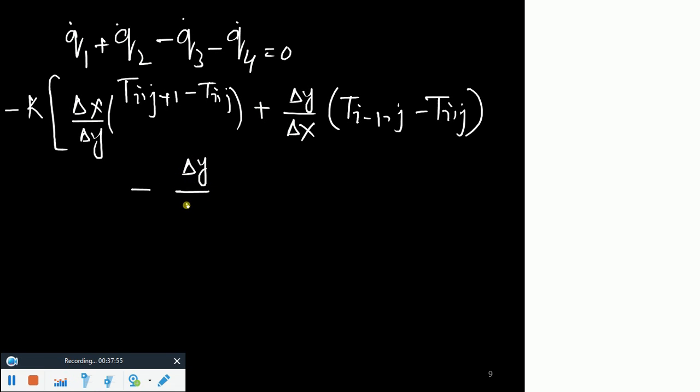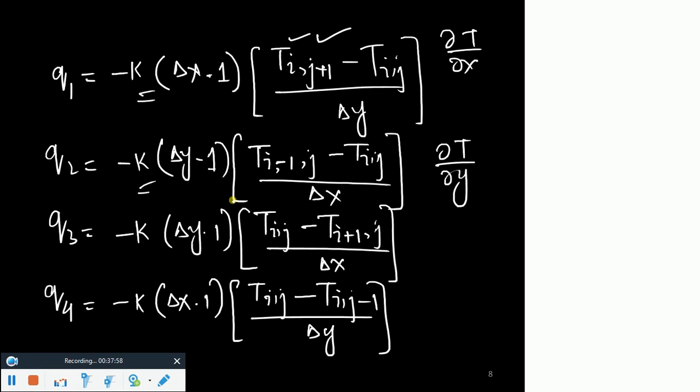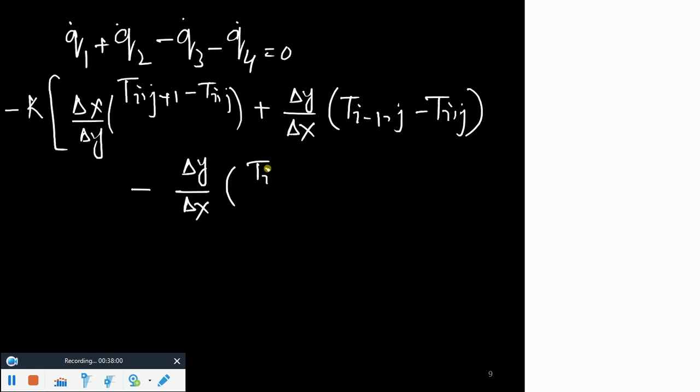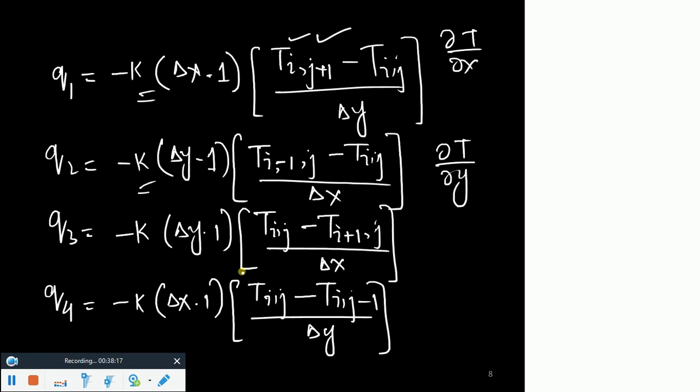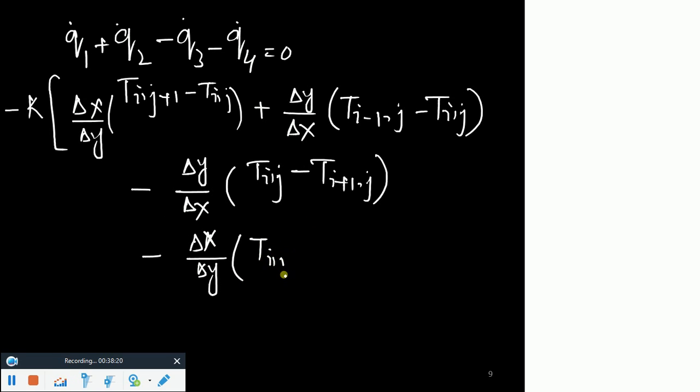I would have delta y over delta x and Tij minus Ti plus 1 j, and then finally I would have delta x over delta y Tij minus Tij minus 1 equals 0. So this is the expression which I would get out of it.